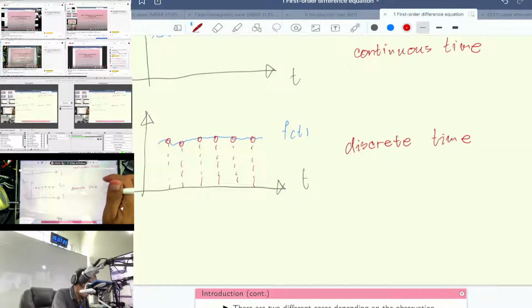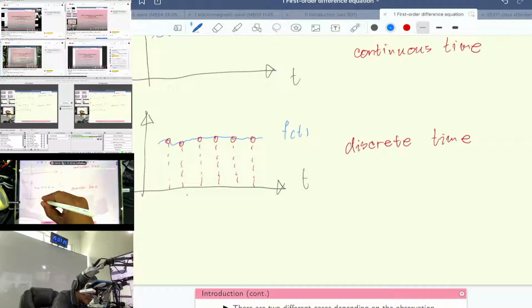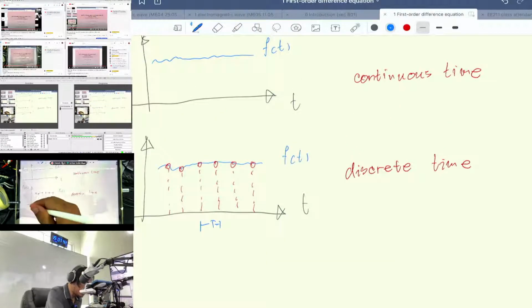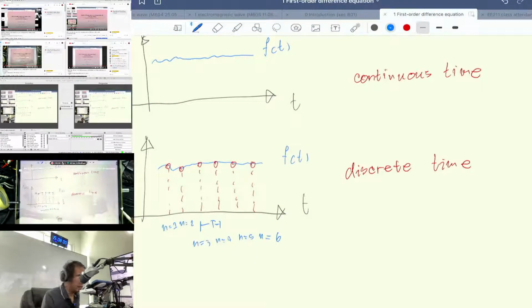It means we have here distance, here is T. Okay, that's T. And so if this one is n, let's say this is n equal to 1, n equal to 2, n equal to 3, n equal to 4, n equal to 5, and finally n equal to 6.